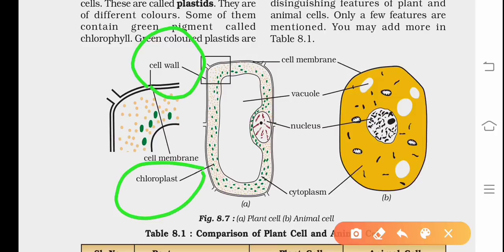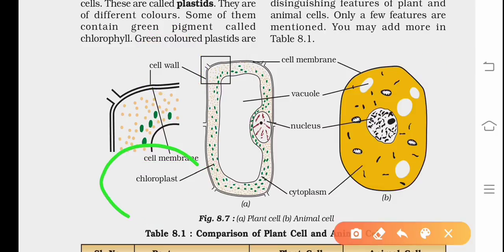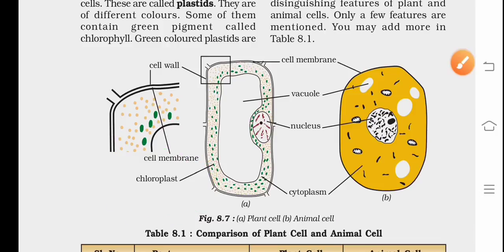The cell wall is an additional layer which is present outside the cell membrane in the case of plant cells only. The cell wall is absent in the case of animal cells. Then there are chloroplasts. We have already discussed them, that they help in the process of photosynthesis and impart color to the parts of the plant like flowers and vegetables, and they are absent in the case of animal cells.